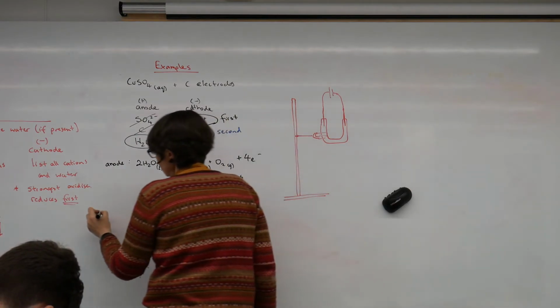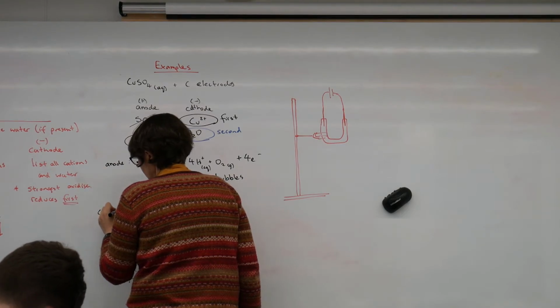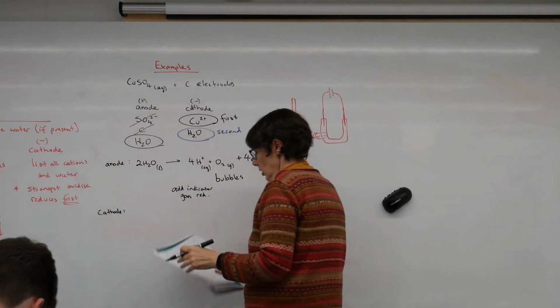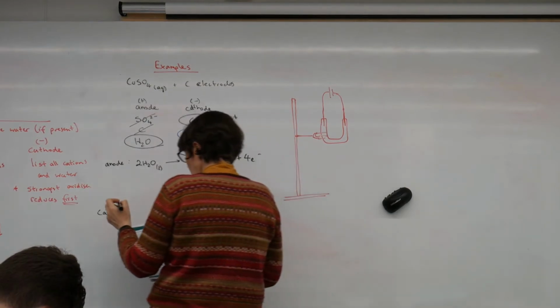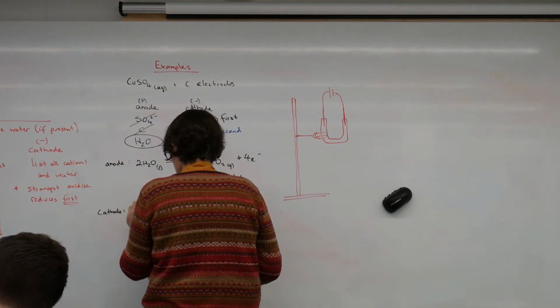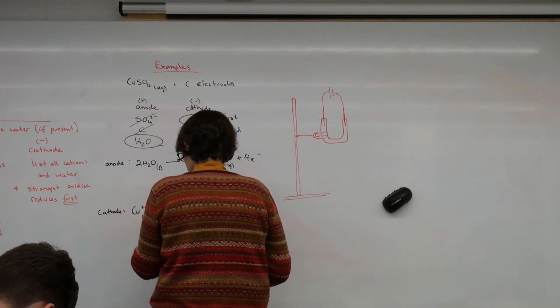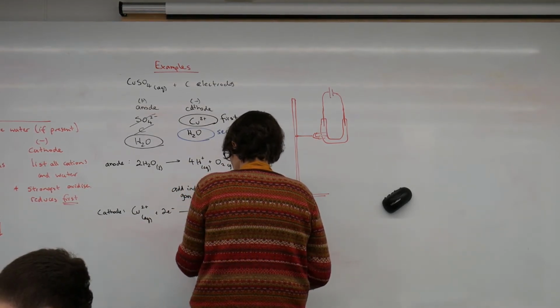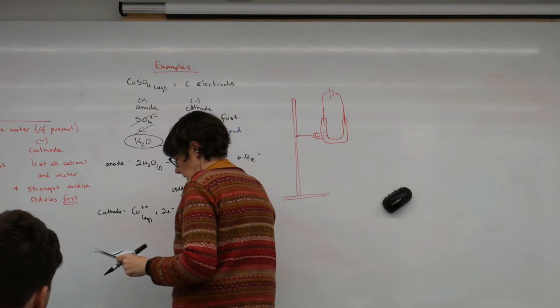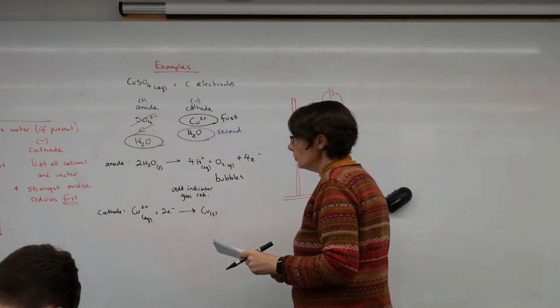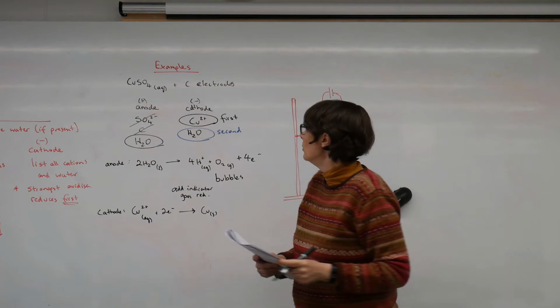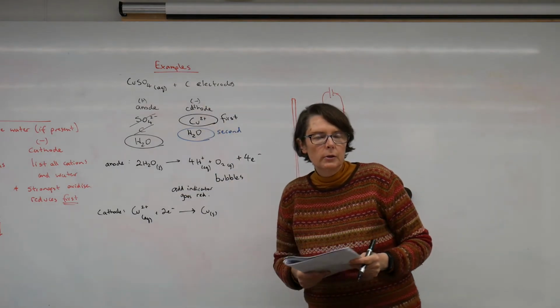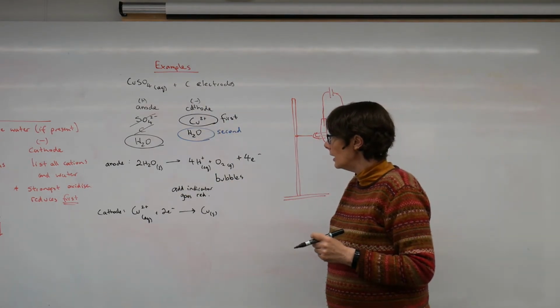For our cathode, we're talking about the reduction of the copper. And what do we think we're going to see here? We're told it was carbon electrodes. What are we going to see at the cathode?